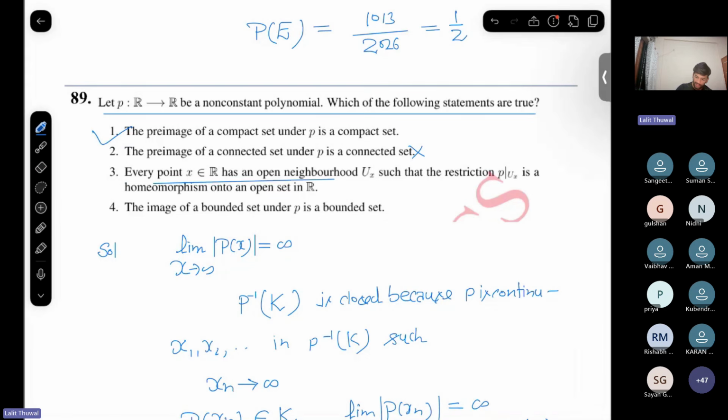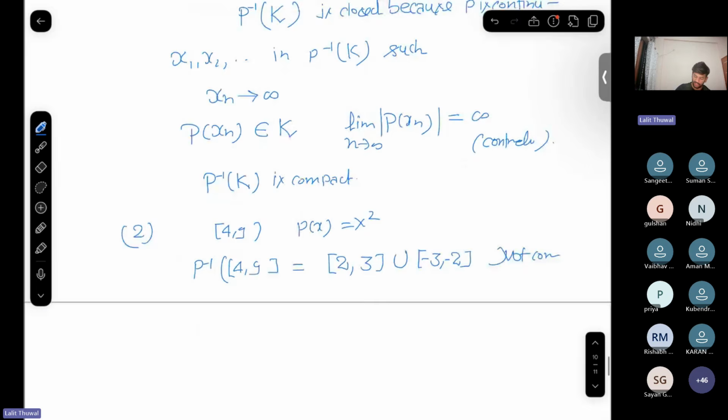Now, every point x has an open neighborhood Ux such that the restriction of P to Ux is a homeomorphism onto an open subset of R. What does this mean?